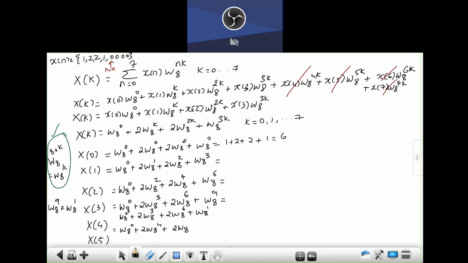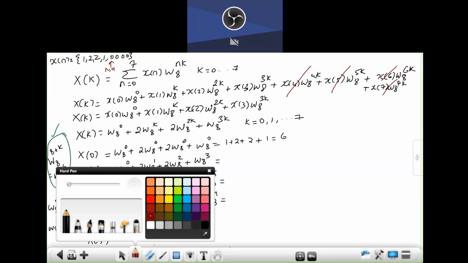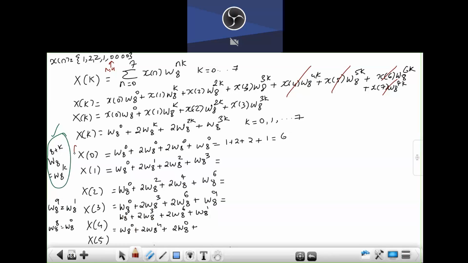W8 power 8 is same as W8 power 0, you can write it as 1. Remember, I'm looking at this expression and writing your X of k.